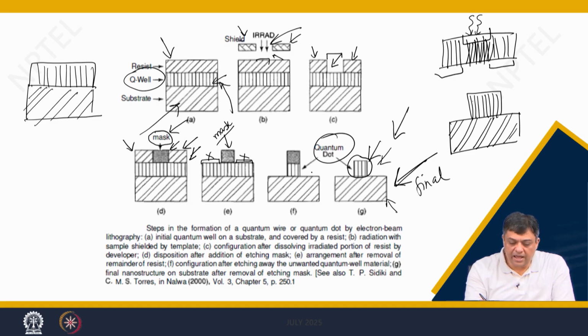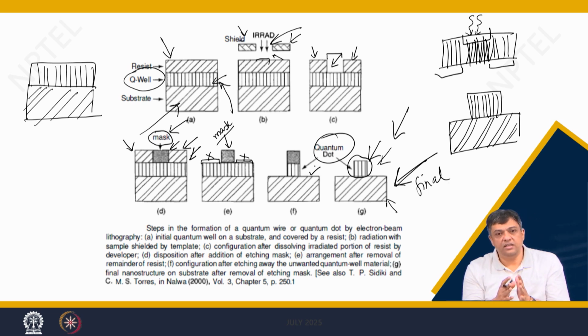You use an etching agent and etch out the side materials which are not desired in the final structure. And finally, a mask. This etching mask prevents the region below it from getting etched out.